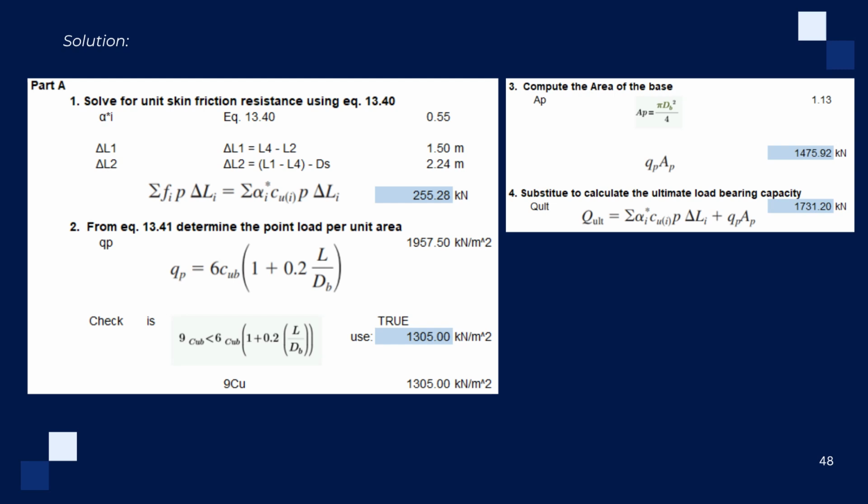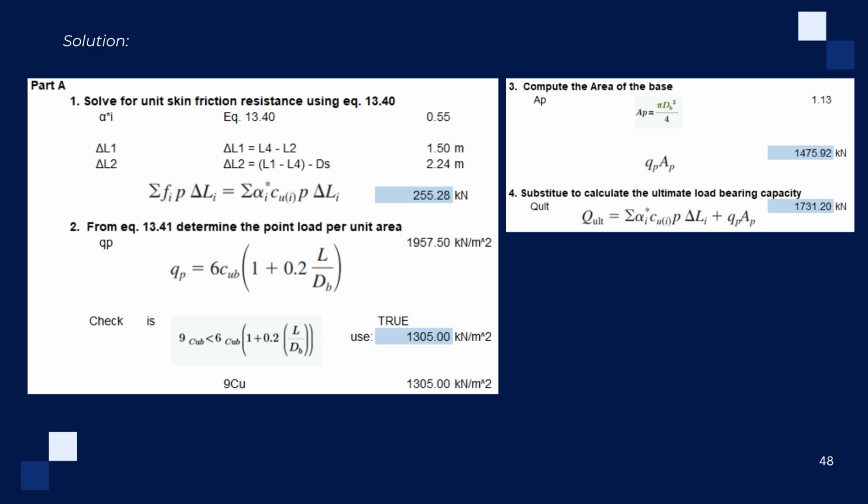So in this formula, the summation of Fi times P times change of length Li is equal to the summation of alpha I times Cui times P times change of length Li. We have 255.28 kilonewton.